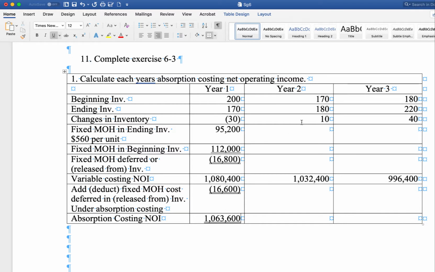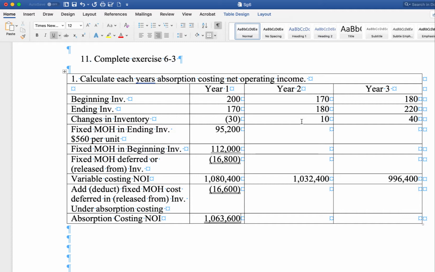Year two, our inventory is increasing. We know when our inventory increases, absorption costing net operating income is higher than the variable costing net operating income. This makes sense. Why does it make sense?